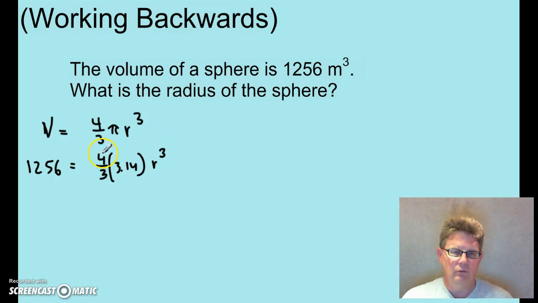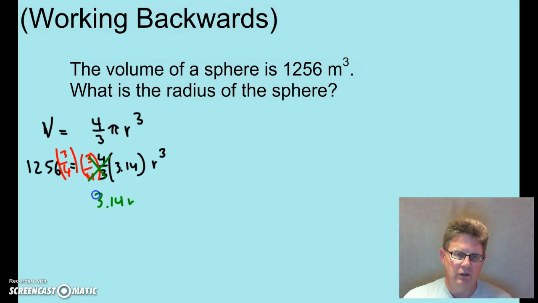So the first thing that we're going to do is multiply both sides by 3/4 to get rid of that fractional coefficient. And that will cancel out everything over here. So we'll have 3.14 r cubed on the right side. And on the left side, you get 942. Then we'll divide both sides by 3.14.